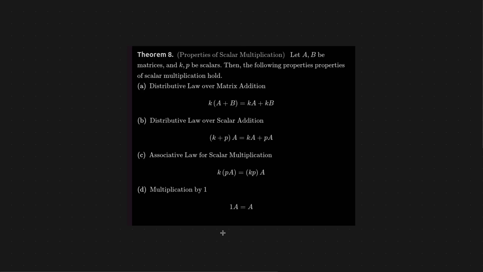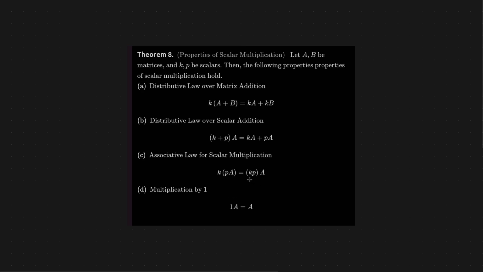The same properties that we're used to with scalar multiplication hold for scalar multiplication of matrices. So we have the distributive law: the scalar multiple distributes over matrix addition. And we could do it the other way around: if we're adding two scalars together and then multiplying by a matrix, we could distribute the matrix in.